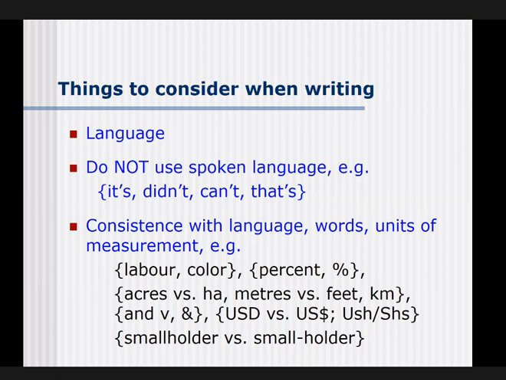For example, you can write the US dollar as USD. You can also write it as US with that symbol for a dollar. For Ugandan money, you can abbreviate it as USH or SHS or UGX. There are different versions. But the version you pick, you should be consistent with that version.